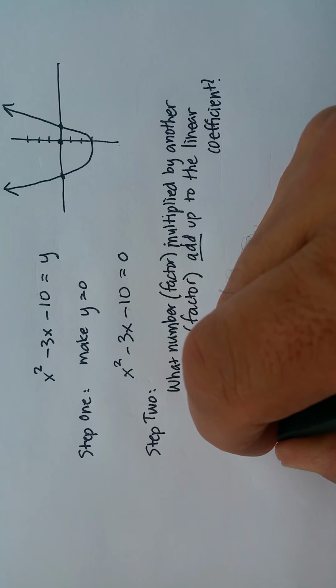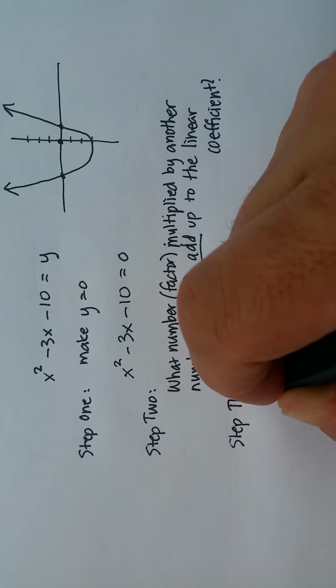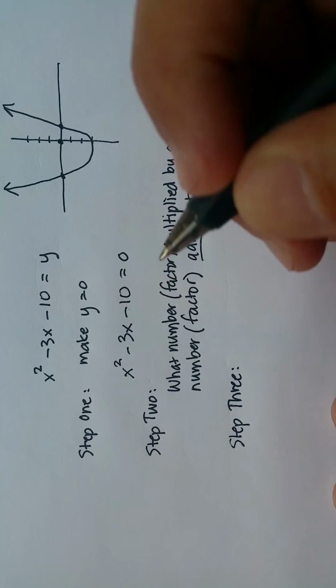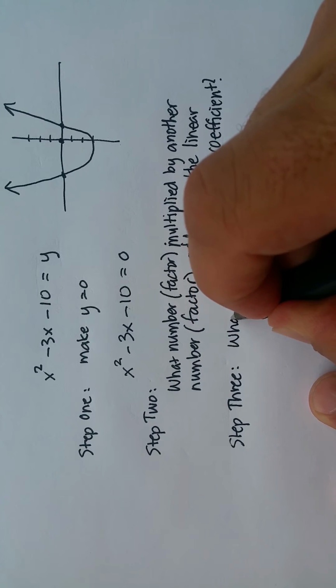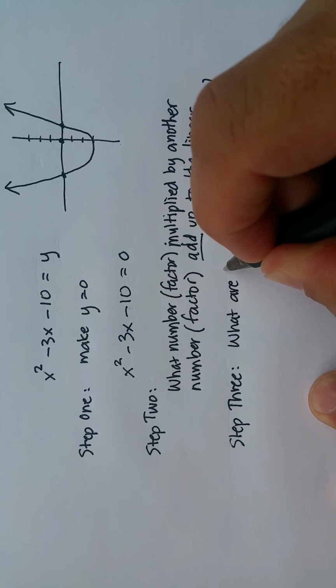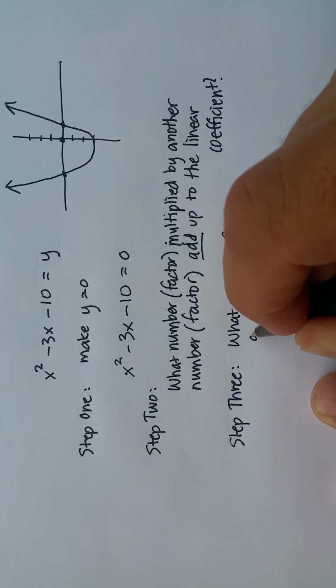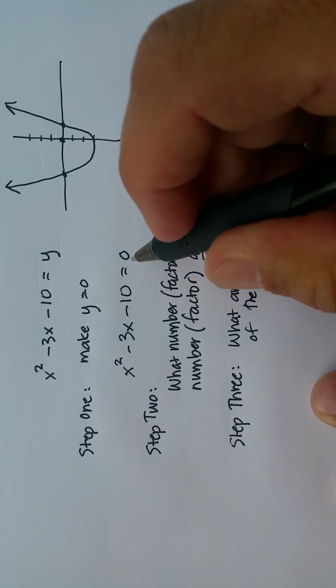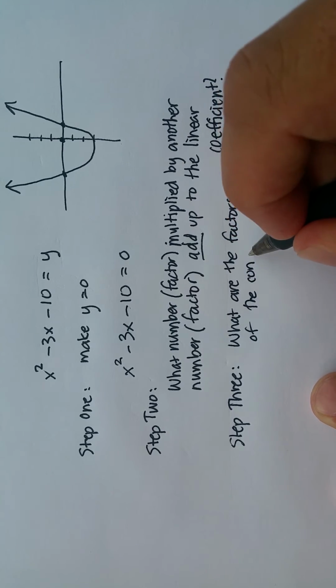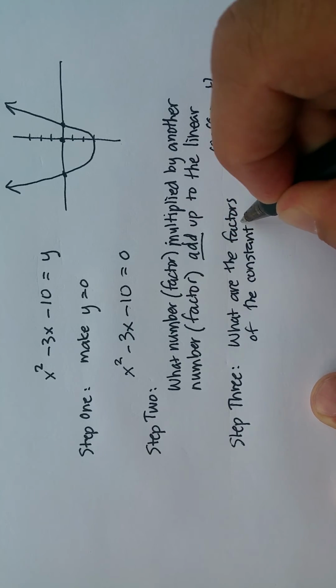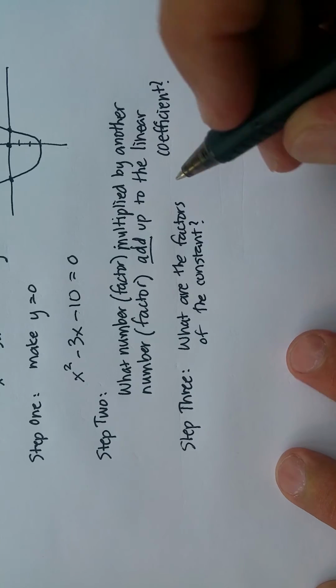So step 3. What are the factors of the constant? It's always the last number there, right? So in this case, it happens to be -10.